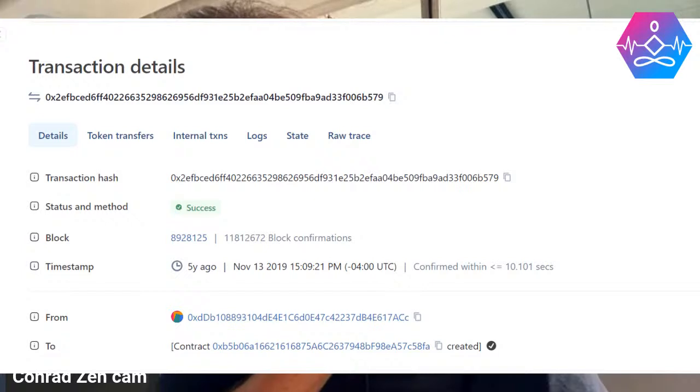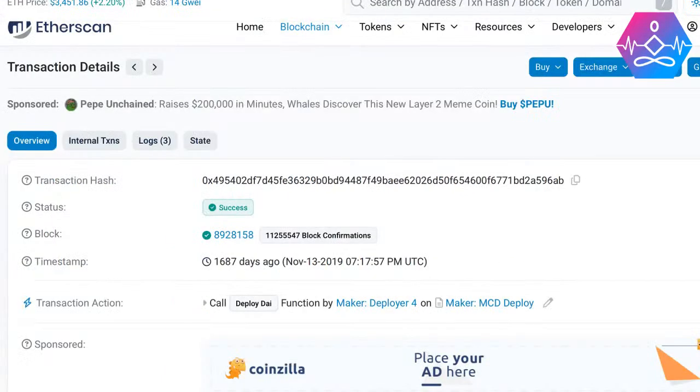And you can see the time here was November the 13th at 1509, I believe. And that was on Etherscan. If we can just have a look at where we can see this here. Okay, sorry. It was November the 13th, 2019 at 7 o'clock in the morning.